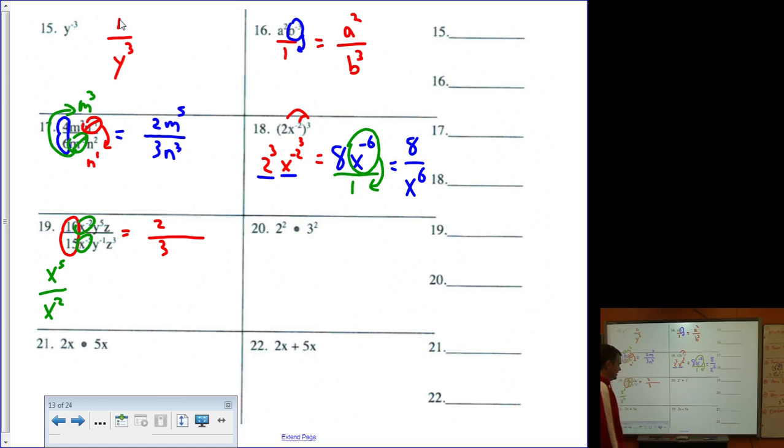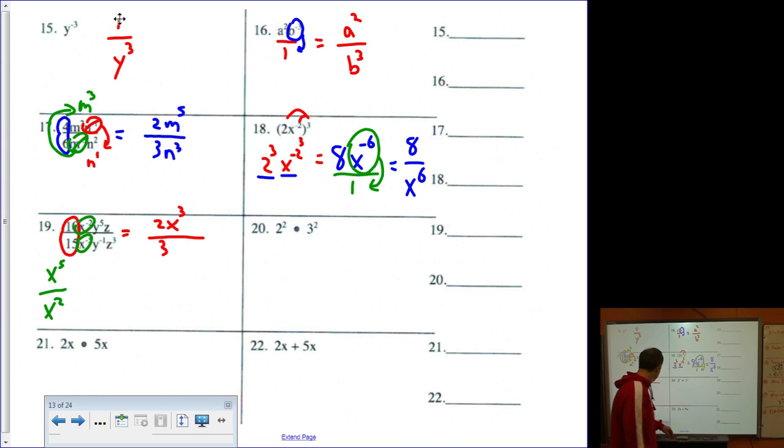So the x's end up looking like that. 5 on top, 2 on the bottom. And so you're going to end up with x's on top. The only question is how many? Well, if there's 5 on top and 2 on the bottom, that's 3 extra on top. If you went to cross them out, you would end up with 3 left over on top.